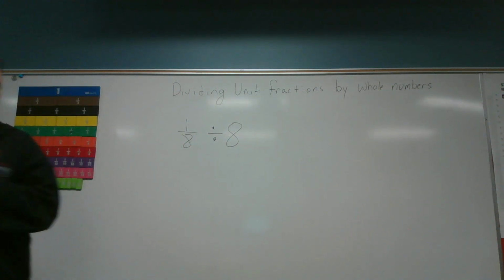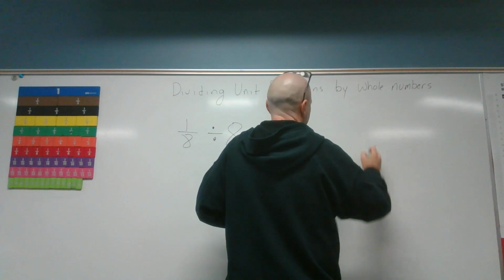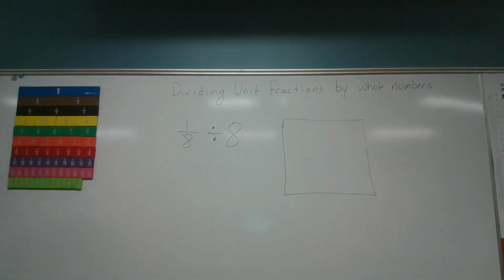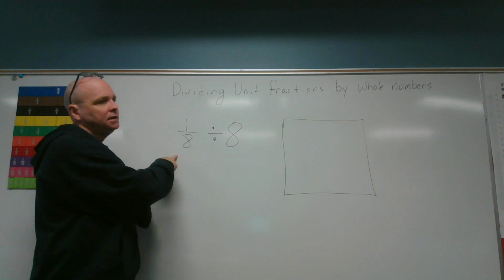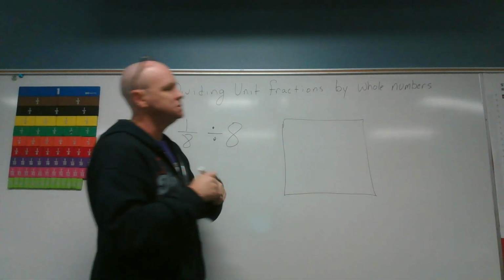So if we're doing the picture, we start with 1 whole. The big square equals 1 whole. We need to divide it into 8ths. So we need 8 equal sections.